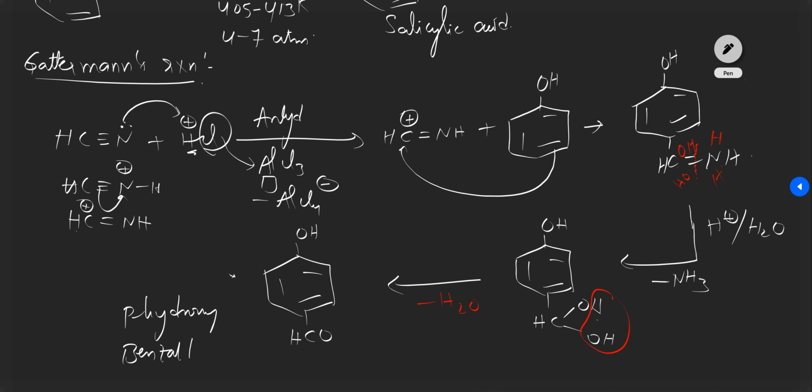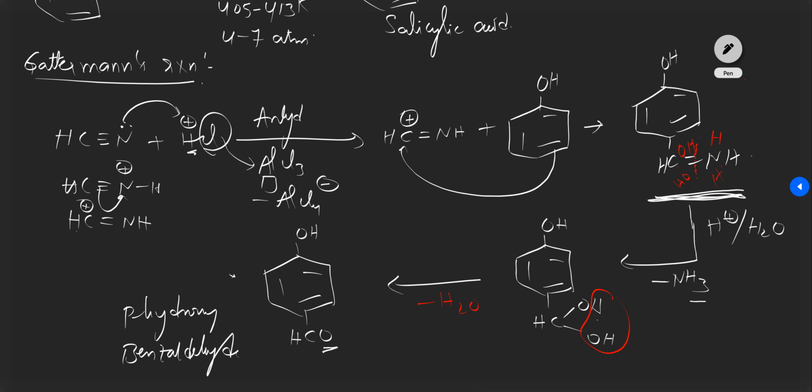Para hydroxy benzaldehyde is going to be formed if you take hydrogen cyanide in the presence of HCl gas and anhydrous AlCl3 reacting with phenol. Now, if you observe here, if you hydrolyse this molecule, breaking that double bond to add two water molecules, what will be formed finally? O comes on this side, and on the nitrogen side two hydrogens are added.